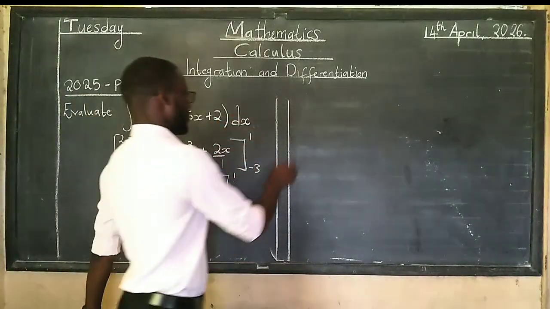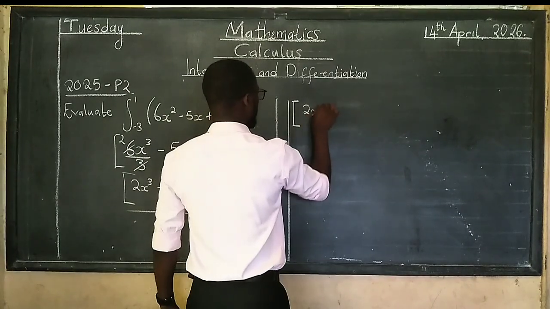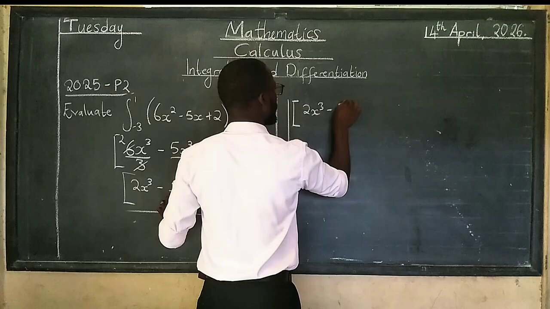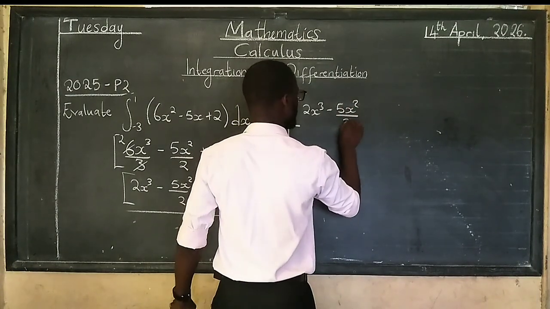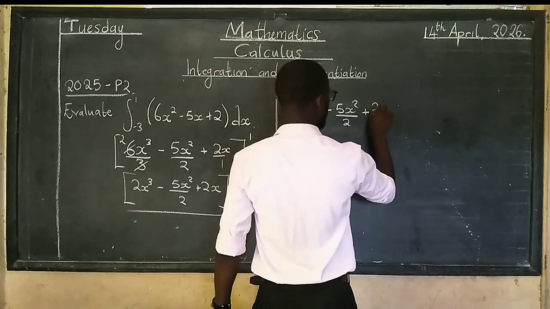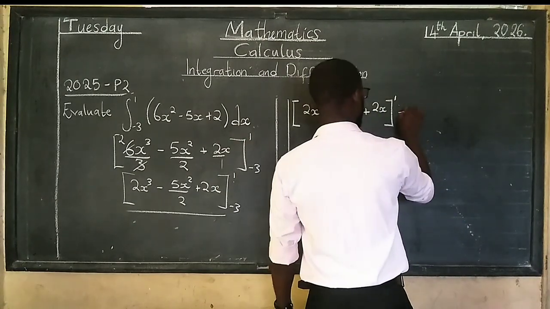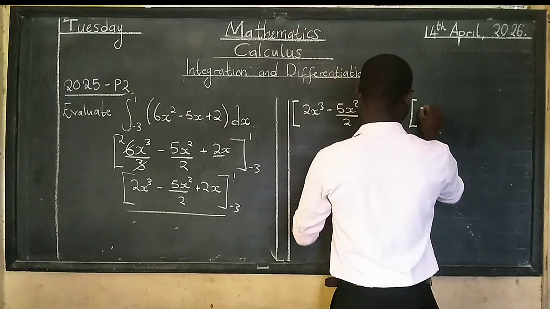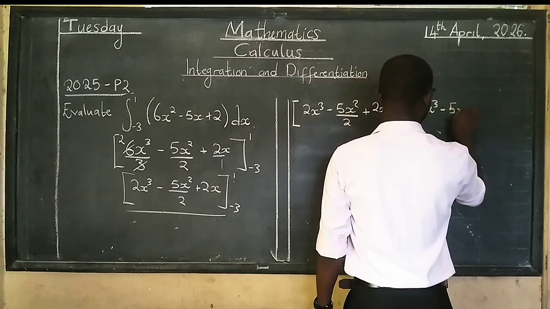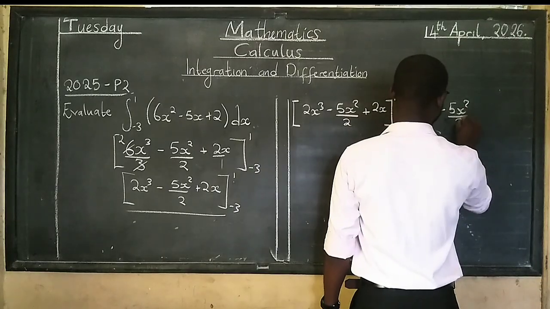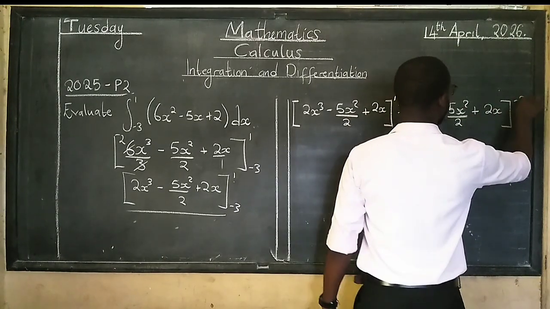So coming here, this is 2x to the power 3 minus 5x squared over 2 plus 2x. Now this is for the first limit, 1 minus, second part is 2x to the power 3 minus 5x squared over 2 plus x, minus 3.